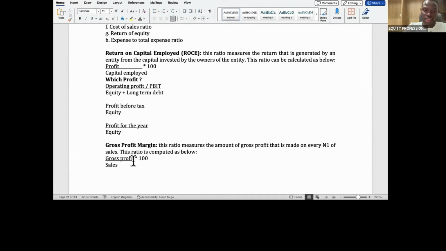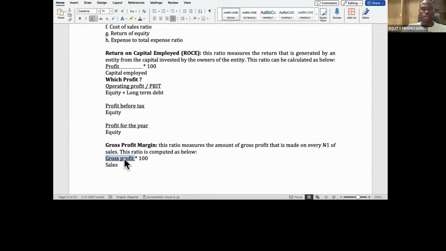Looking at this ratio, number one is your cost of sales, for example: how well you're managing your cost of sales, how much discount you're able to get from your supplier on your purchases. So majorly your cost of sales would drive your gross profit margin. If you're able to negotiate good prices from your supplier, you have a good gross profit margin.